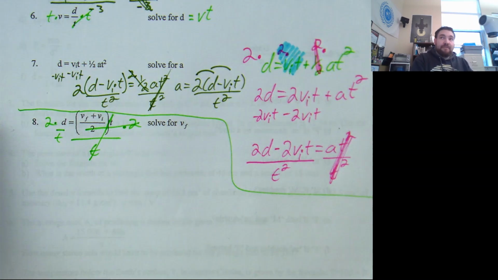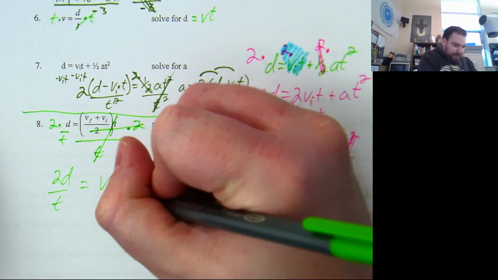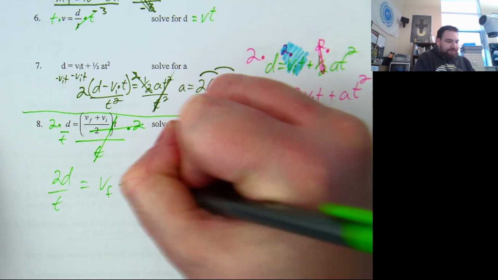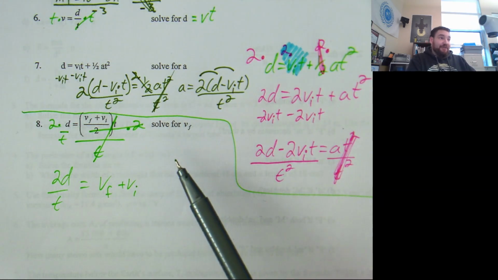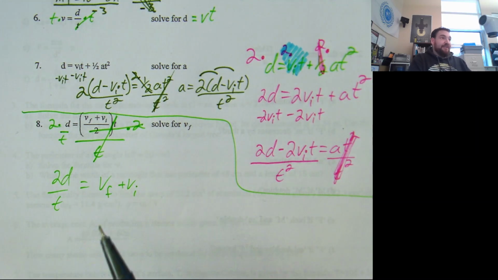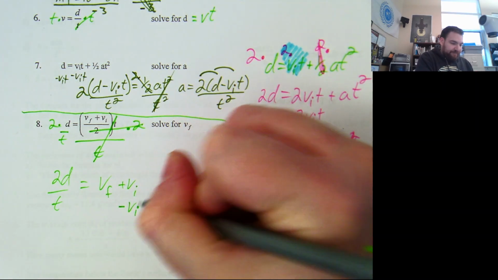That'll cancel there. And we're going to get 2d over t equals VF plus VI. And then you were about to say, before I interrupted you, that because these are being added together, you subtract the VI.